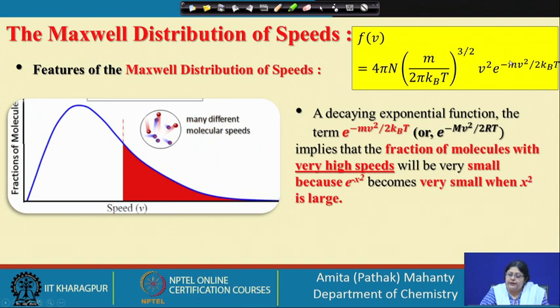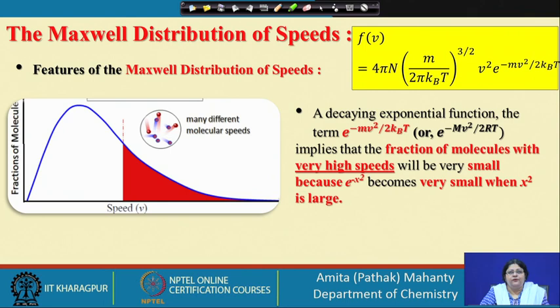Then the fraction of molecules will be very small, because the e to the power expression is raised to the power minus x square, and x is the velocity. So it is velocity squared, but it is a minus term. So, the fraction of molecules with very high speed will be very small.